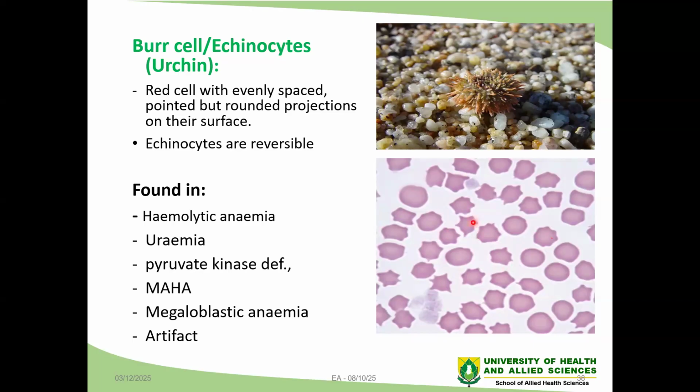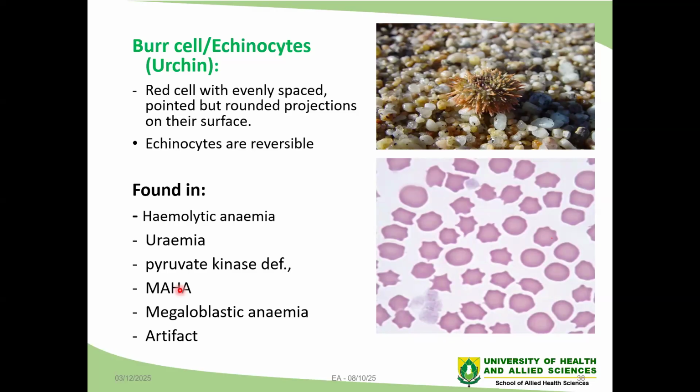You might sometimes find these in people having a hemolytic anemia, or people with uremia, and people with pyruvate kinase deficiency. Pyruvate kinase is just one of the enzymes we find in the glycolytic pathway, so people with deficiency of that enzyme may also present with these echinocytes. Then we also have microangiopathic hemolytic anemia, which we have mentioned in a few other conditions earlier.